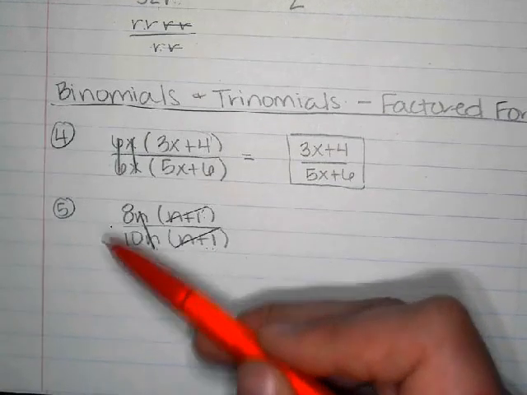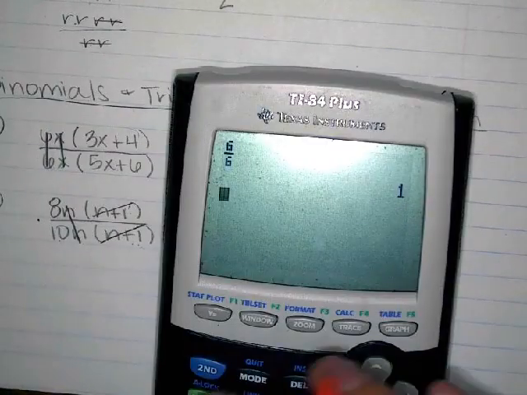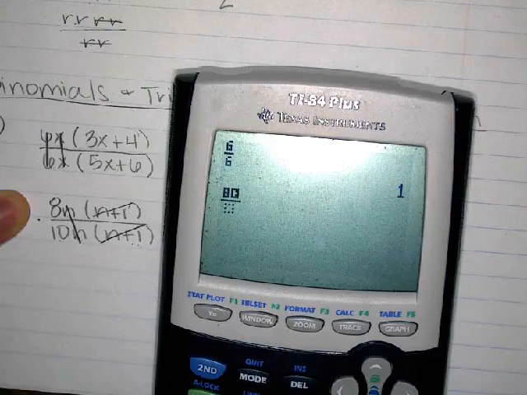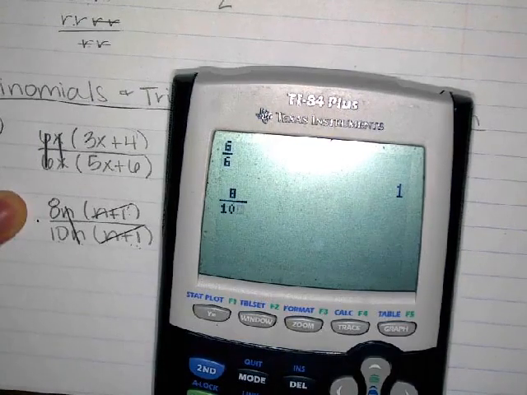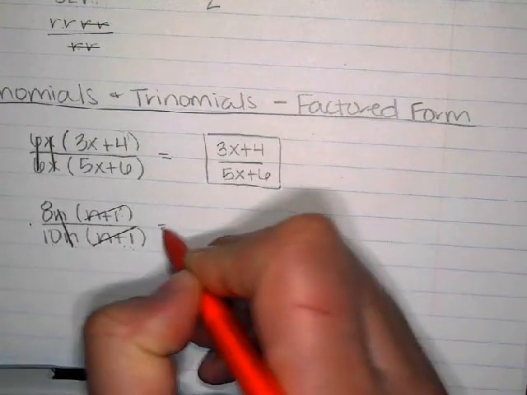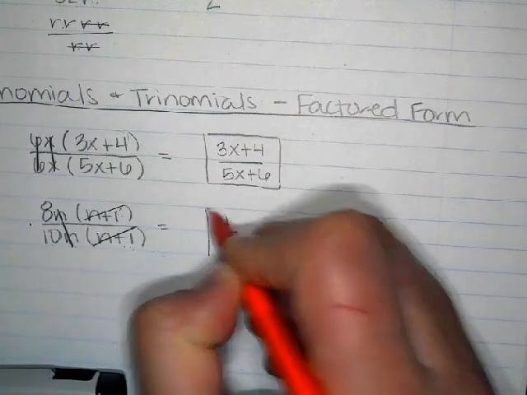So if I'm not feeling very confident with my division, I'm going to just type this in, 8 over 10, and let the calculator reduce it for me, and I get 4 over 5. And if you feel comfortable doing that in your head, that's fine, but you can also let the calculator do it.